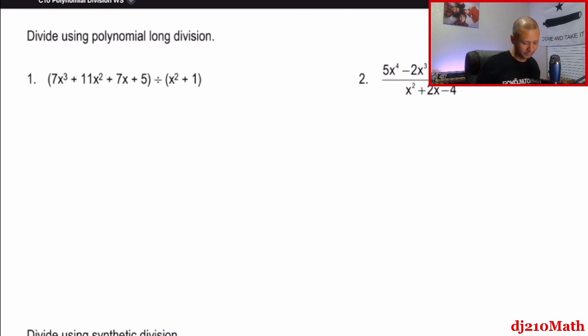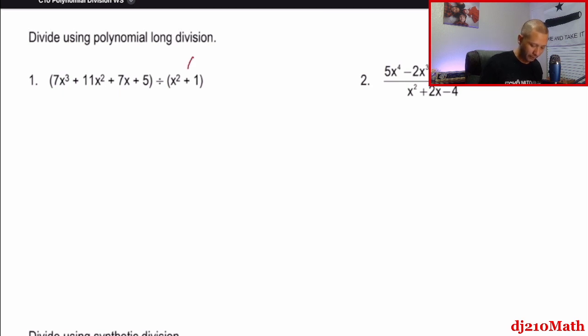We look and see 7x cubed plus 11x squared plus 7x plus 5. All the x's are there, so we're good. The divisor, x squared plus 1. So it's very easy to glance over the fact that there's no x term. So we need to add a 0x.